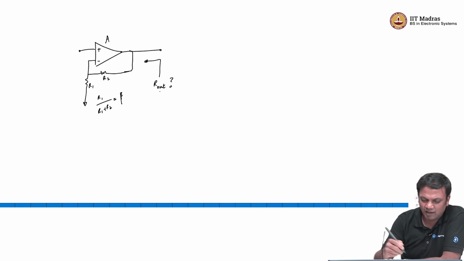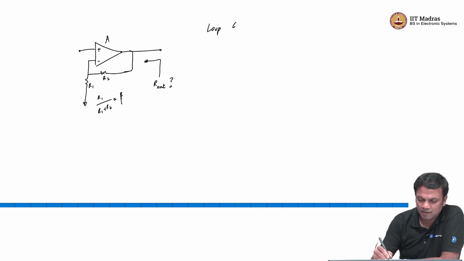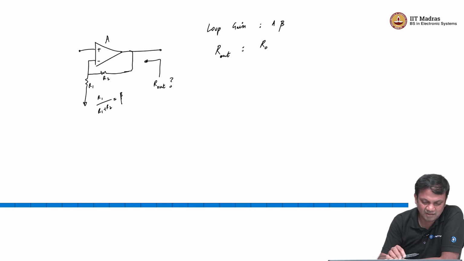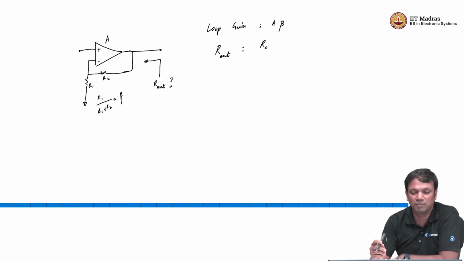What would we say R out is? Let me first calculate the loop gain. The loop gain is essentially A multiplied by beta. Now, R out will be whatever R naught there is in the circuit. R naught might be the output impedance of whatever amplifier or transistor output path there is, in parallel with R2 plus R1.